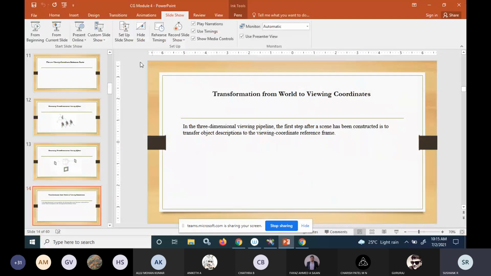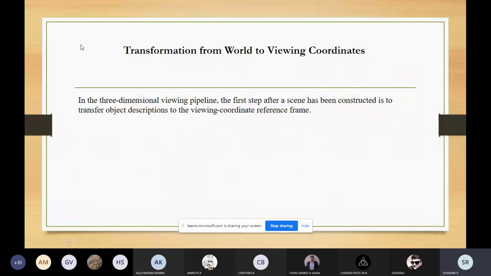Now we have obtained the transformation matrix, which is given by 1 0 0 x naught, 0 1 0 y naught, 0 0 1 z naught, 0 0 0 1.